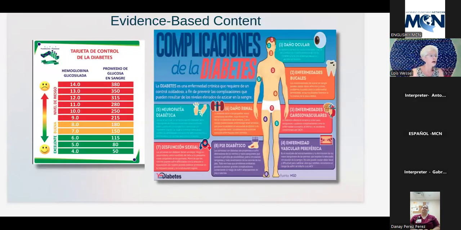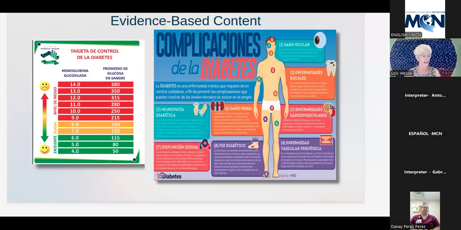When we talk about other content that I mentioned, again, these are the types of materials that we use so that these materials can be reused by the community health workers in their practice setting.